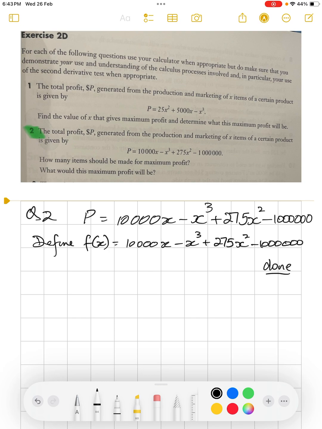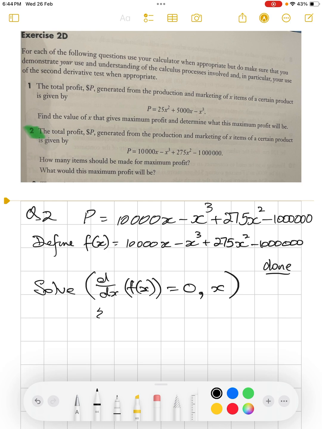What we need to do is get the derivative. We need to solve when the derivative of f of x equals 0. So we'll put in solve for x, and it will derive it, let it equal 0, and solve it.